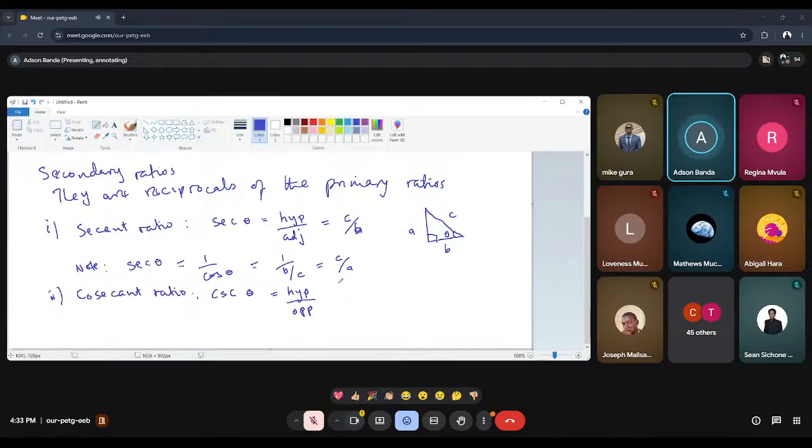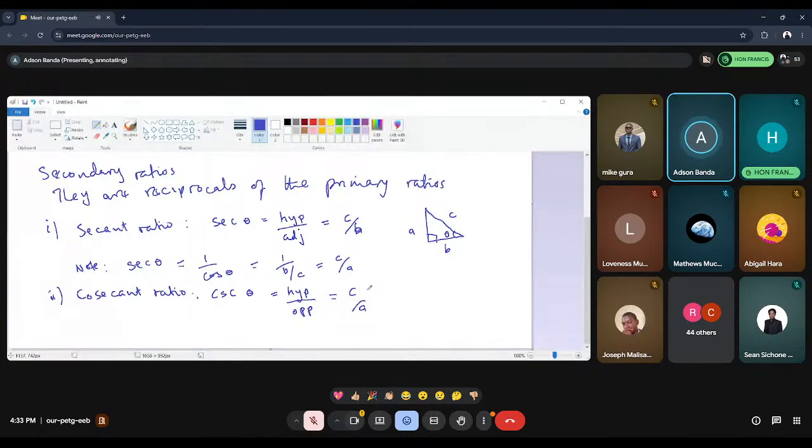So this then is just C over A. Right, so this is the second trigonometric ratio, which is secondary in this case.